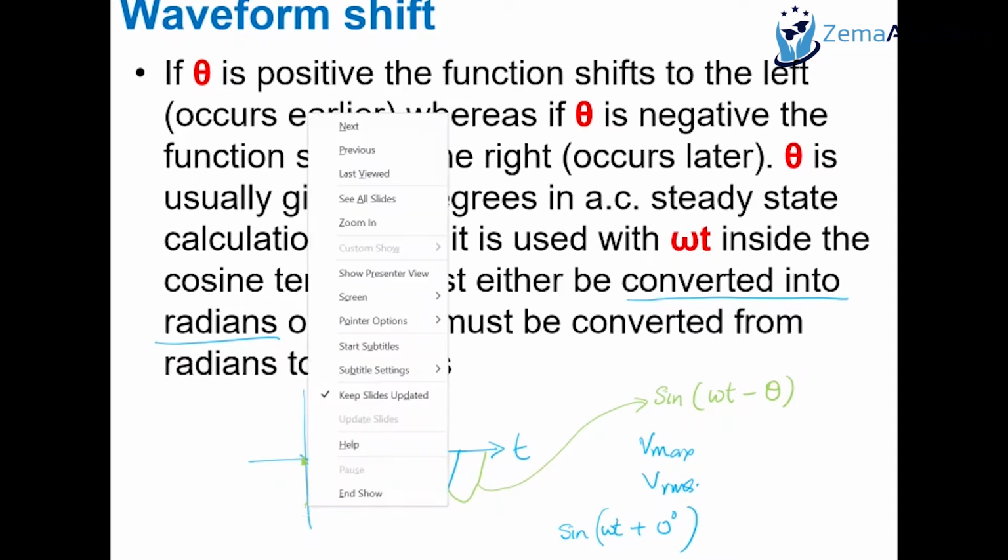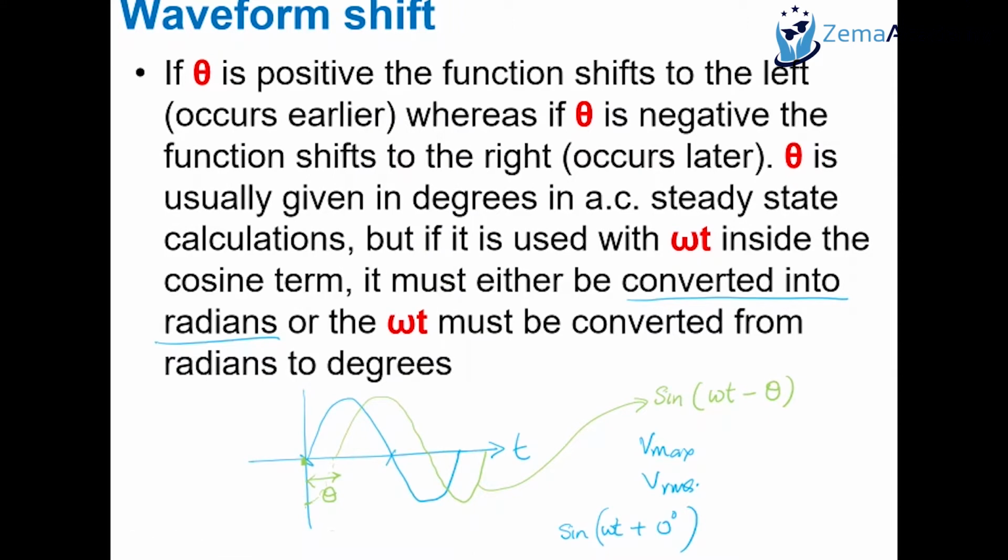And when does that become 0? When omega t equals theta. So when omega t increases from 0 up to theta, then the whole thing becomes 0, and that's where your sine is starting. Does that answer your question?